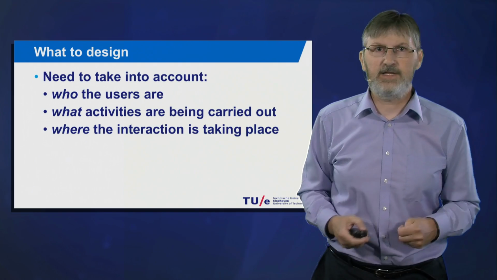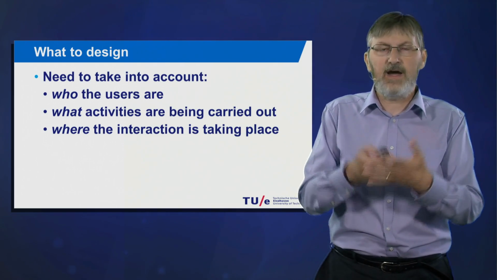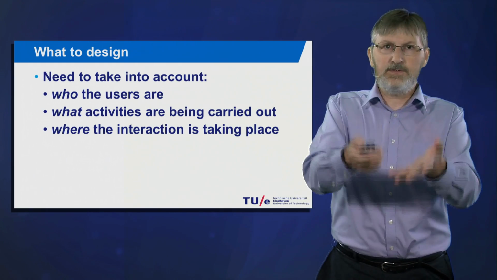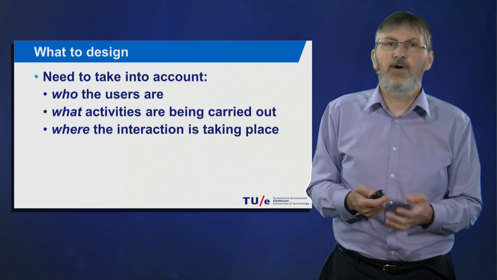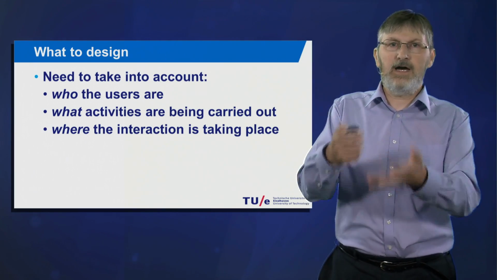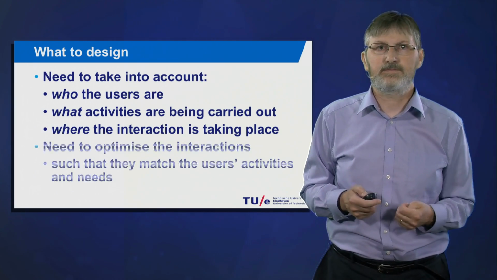We also need to take into account where the interaction is taking place, in what environment. Something used in a silent library needs to be different from an interface used outdoors in a busy city with a lot of environment noise.